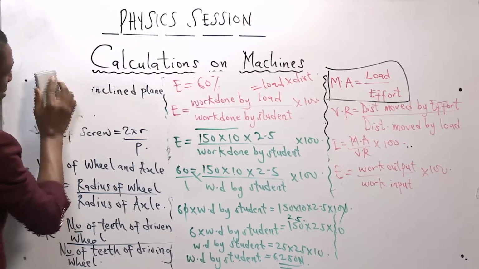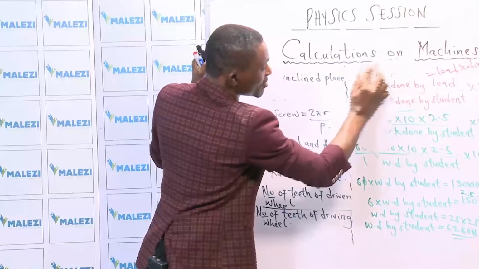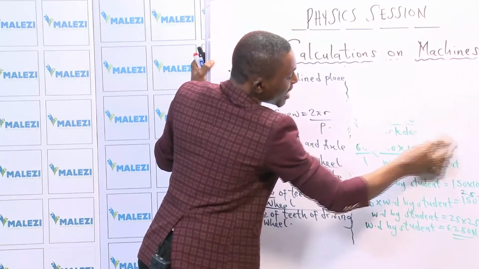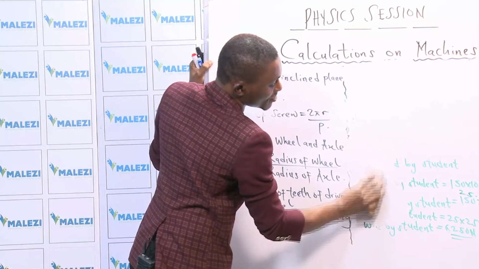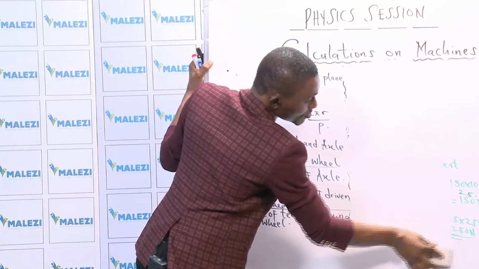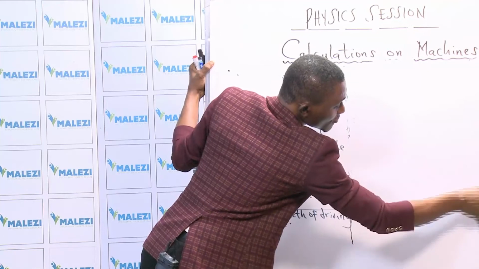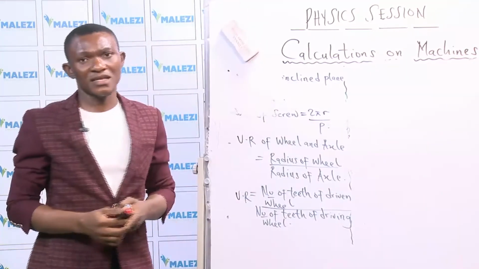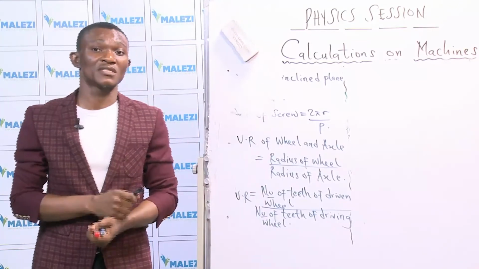But before we do that, I would like to say something: all machines don't work at 100%, they are not 100% efficient. And I'm sure you know the answer to that. The reason is just due to friction. I've seen a few questions like that in your exams. They ask you why are machines not 100% efficient?